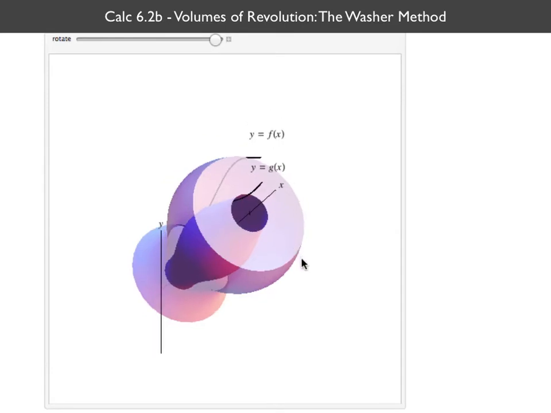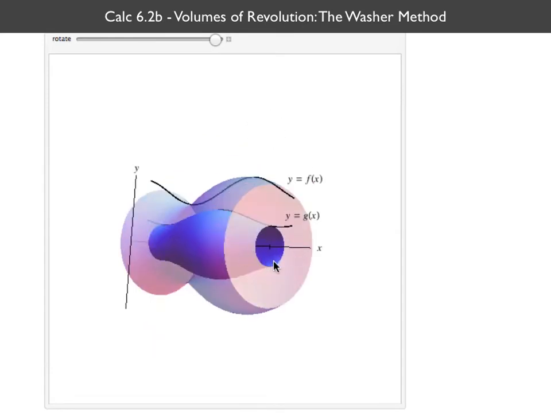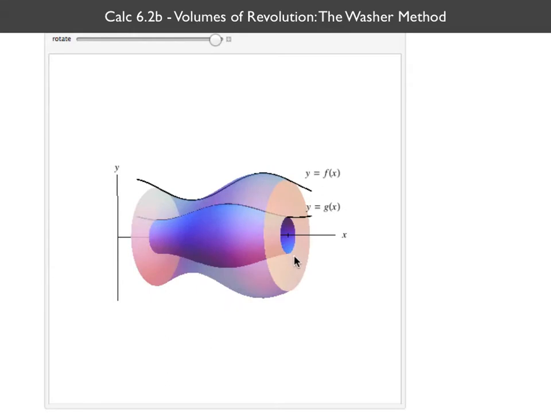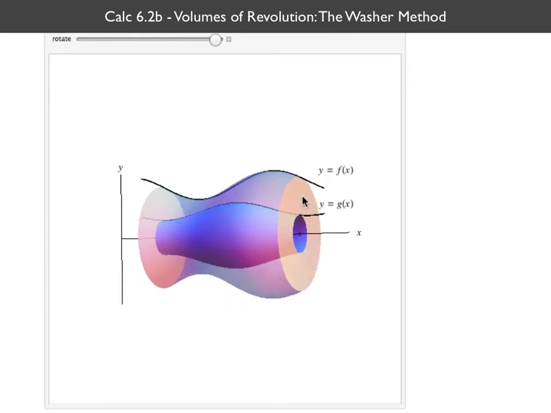If we make this transparent, you can see it a little bit better as well. Basically, what we need to do is find the volume of just the solid portion.